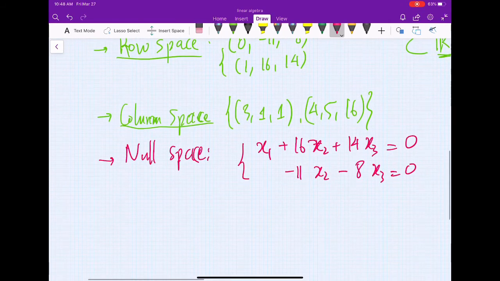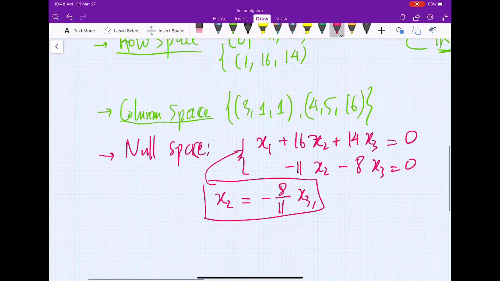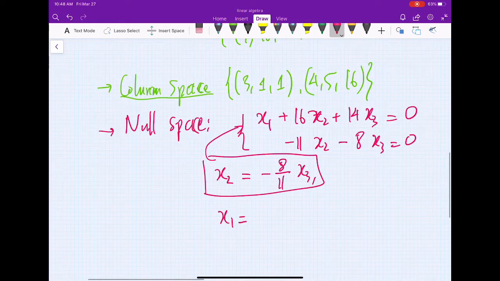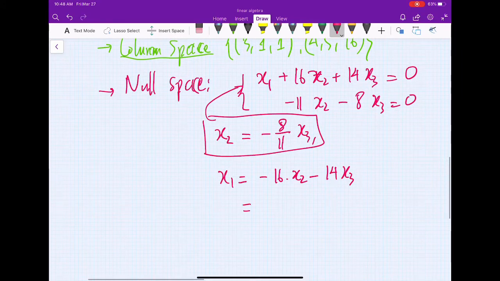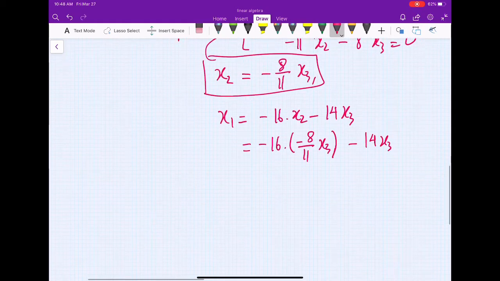Okay, so from the second equation you solve for x2, you get x2 equals negative 8 over 11 x3, and then you plug this into the first equation. You get x1 is equal to negative 16 x2 minus 14 x3, which is equal to negative 16 times negative 8 over 11 x3 minus 14 x3.